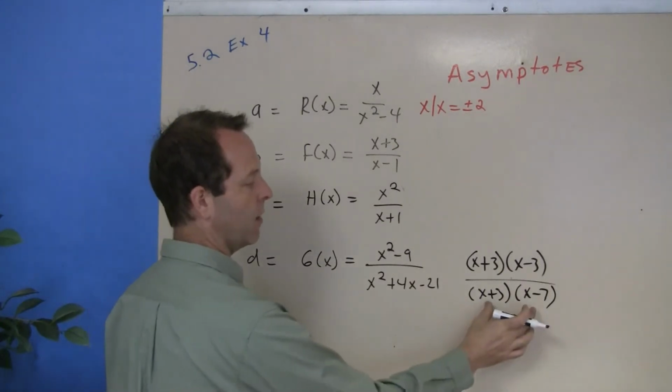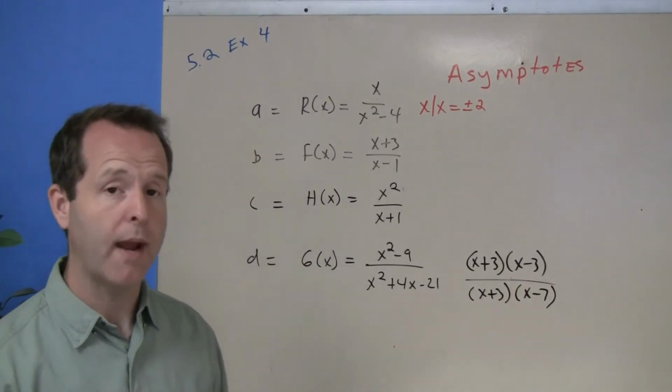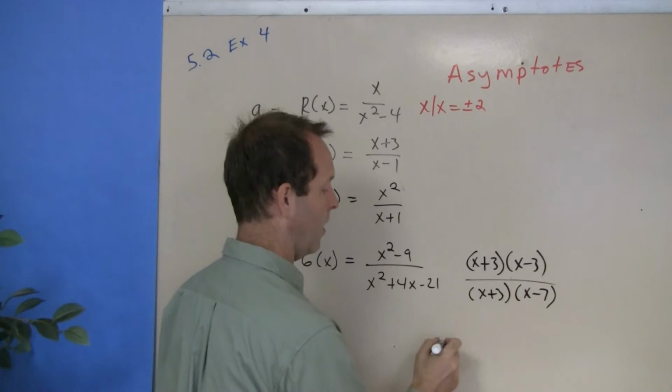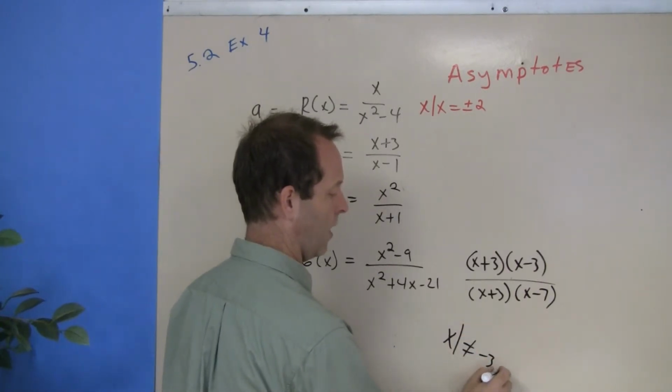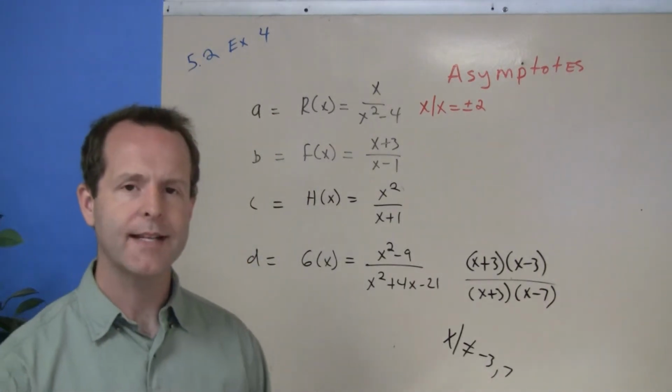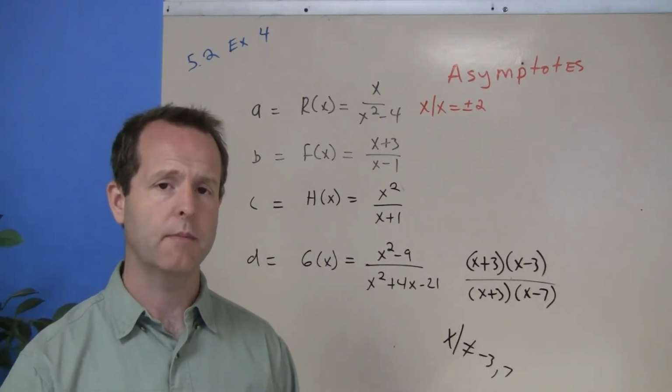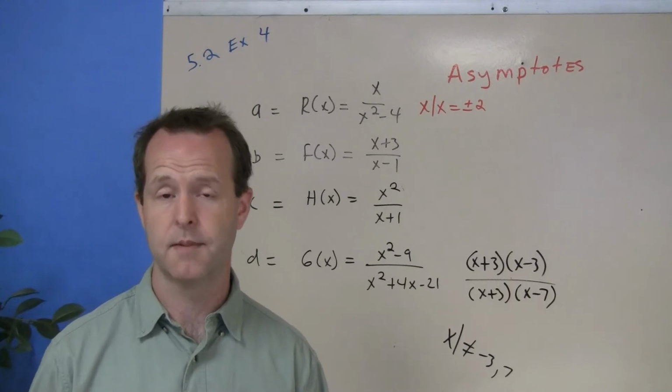I can determine what my domain restrictions are here. My domain restrictions are all x such that x does not equal negative 3 or positive 7. But that doesn't tell me just its vertical asymptotes. I have to go a little bit farther to find its vertical asymptotes.